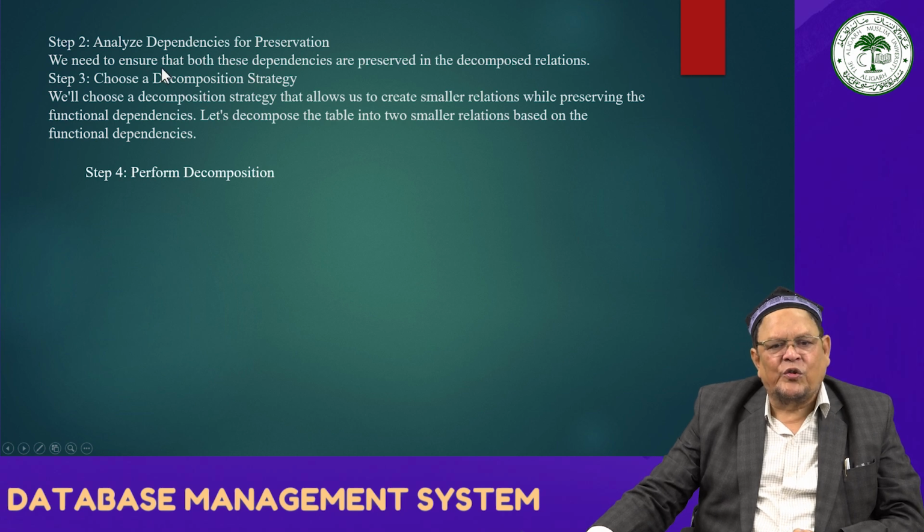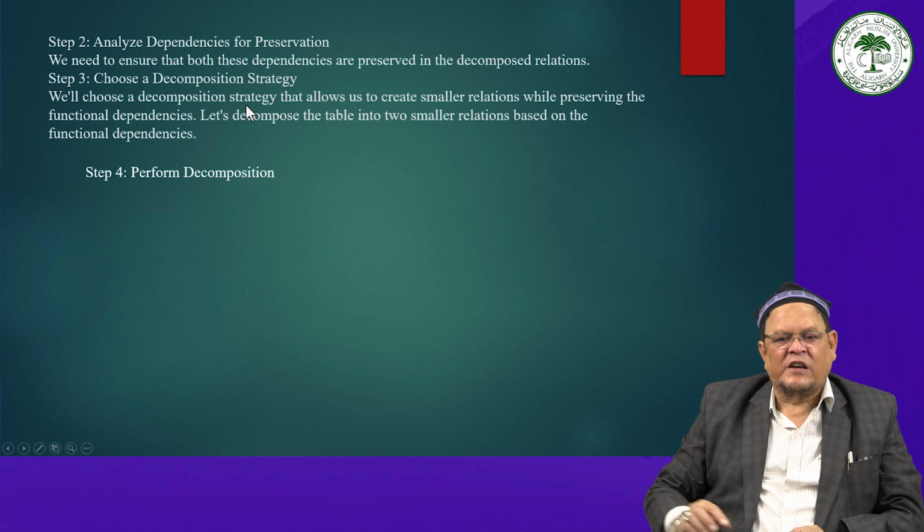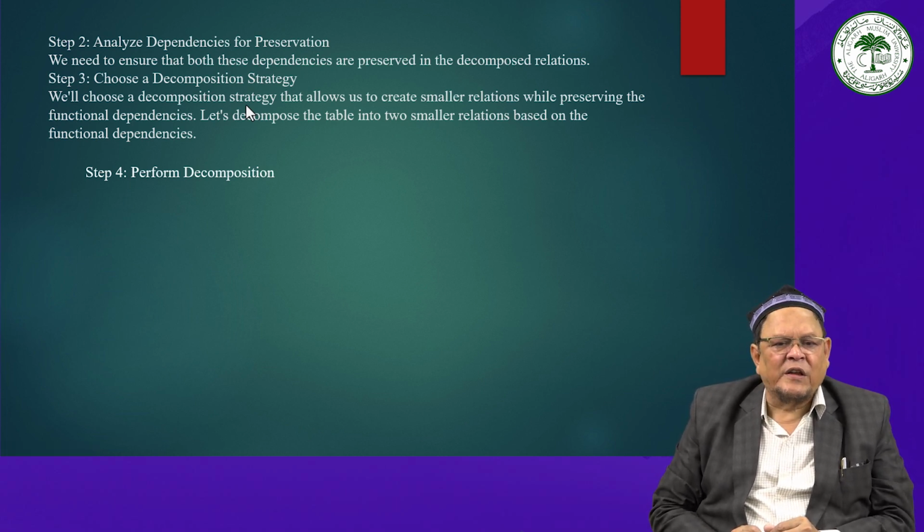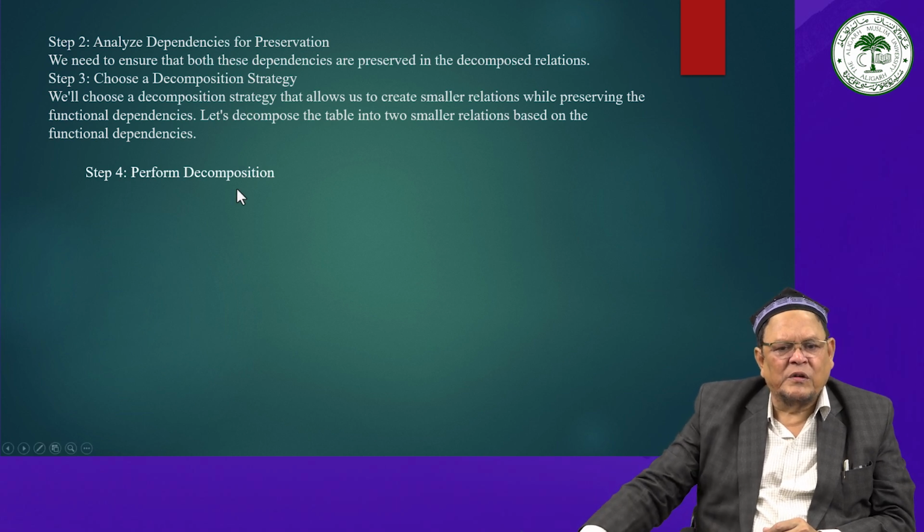We need to ensure that both these dependencies are preserved in the decomposed relations. Choose decomposition strategy. We will choose the strategy that allows us to create smaller relations while preserving the functional dependencies.